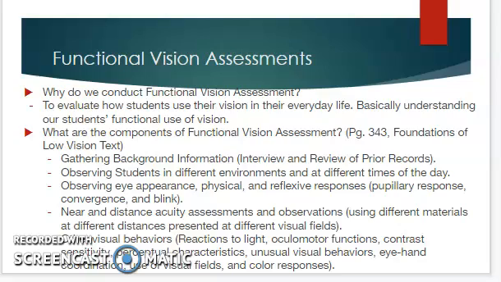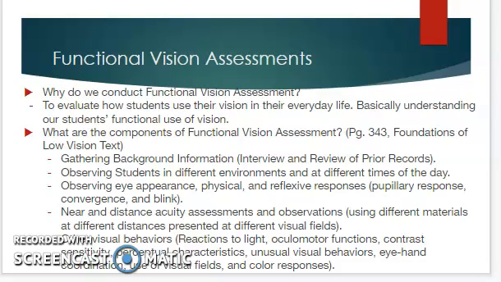I know that this seems like a lot and overwhelming to you to start with, but trust me, the more you do this, the better you get at it. Eventually, legally, for every student's eligibility meeting, we are required to do a functional vision assessment.